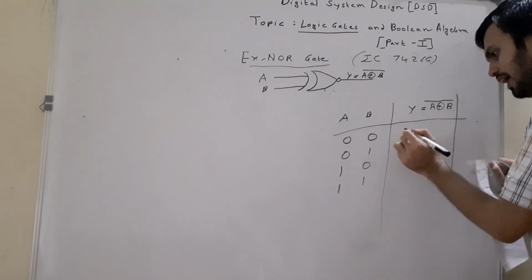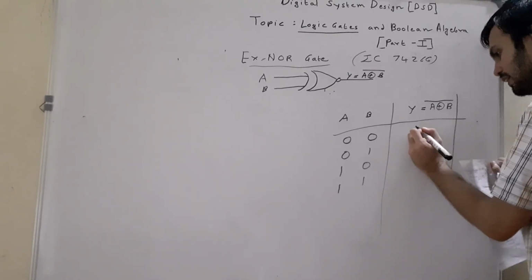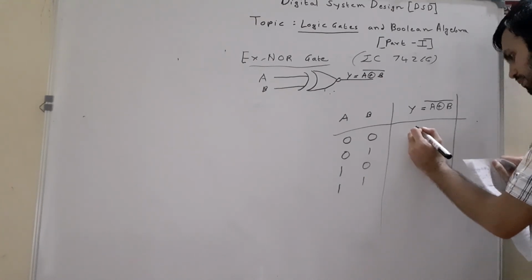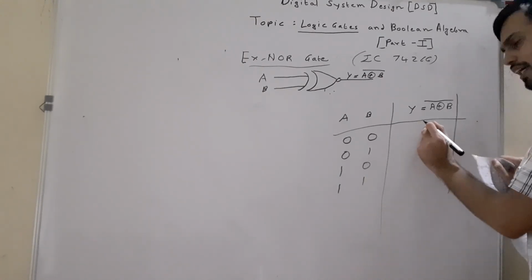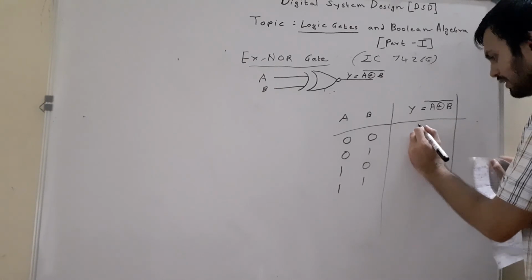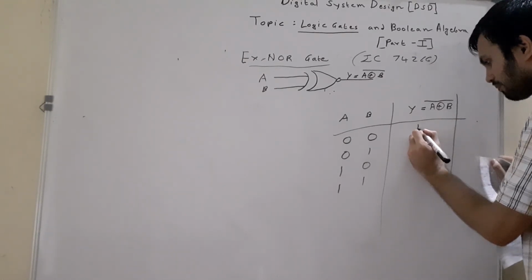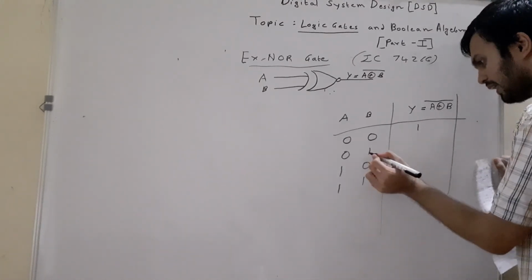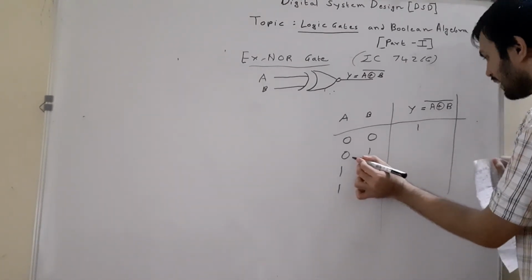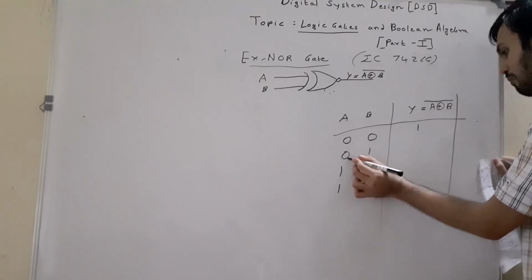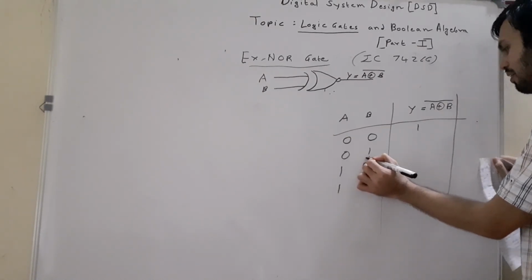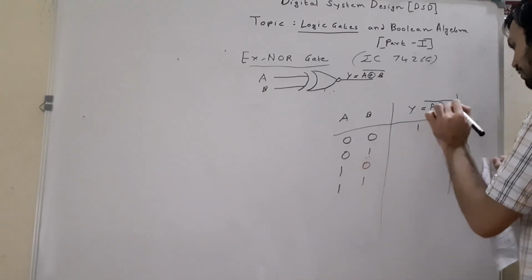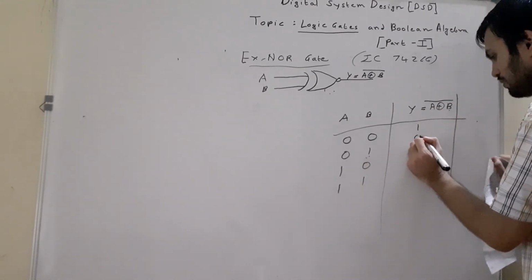For 0 0, your output was 0 in that case, but we are taking complement of XOR. That's why here it will be 1. And then again we have to take A XOR B's complement. So what was 0 modulo 2 addition 1? Your answer was 1 in that case, but we are going to take its complement. So it would be 0.